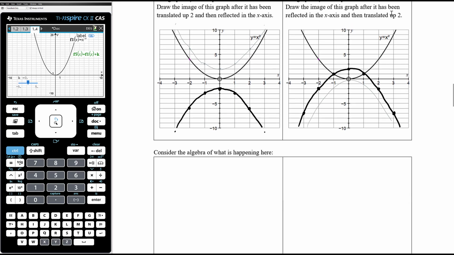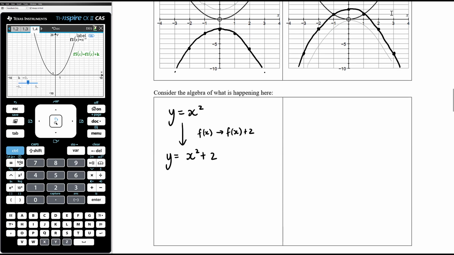So if we think about the algebra of what's happening here, if our original function is y equals x squared, and the first thing we do is translate it up, we know that translating up makes f of x become f of x plus 2. So that's simply going to mean we do y equals x squared plus 2.